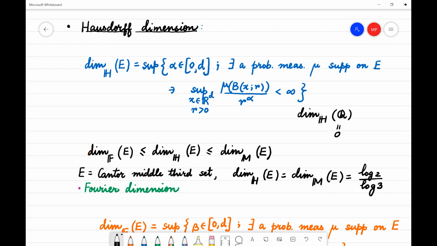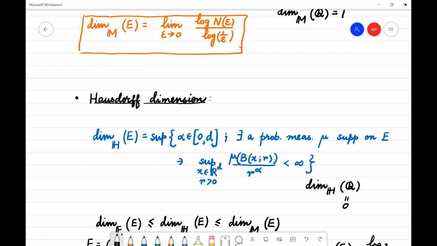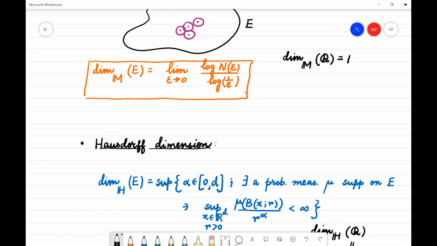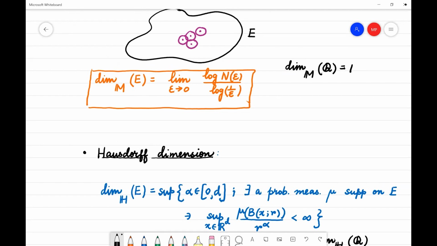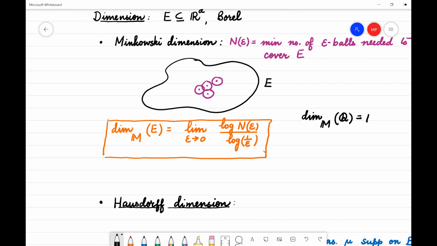Okay. So going back to your question, how does one motivate the definition of Hausdorff dimension as opposed to Minkowski? The Minkowski is relatively easy to understand because after all, we do understand what covering a set by epsilon balls means.